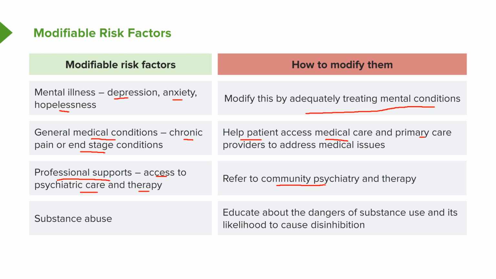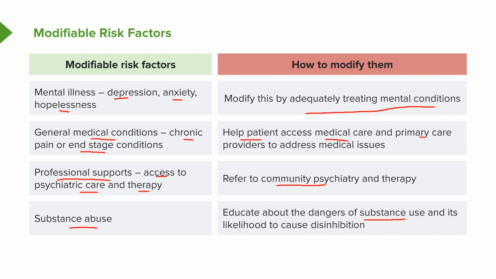Also, presence of substance abuse can be modified because we can educate them about the dangers of substance use like alcohol, tobacco smoking, or illicit drugs and the likelihood of these drugs to cause disinhibition that could lead to suicide risks.